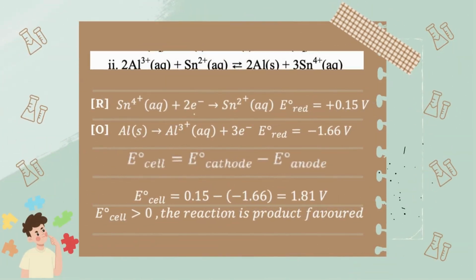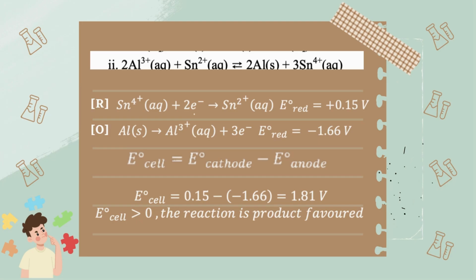Let's proceed to the second reaction. So we have 2 aluminium 3+ and 3 tin 2+ forming 2 aluminium and 3 tin 4+. First of all, we need to identify the half reactions and their potentials.